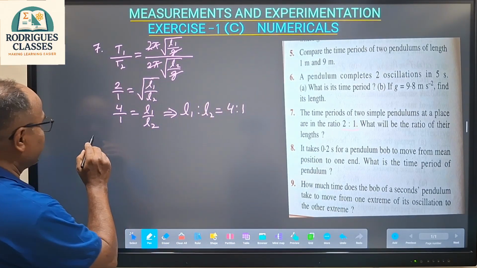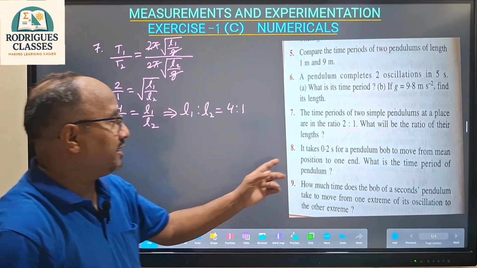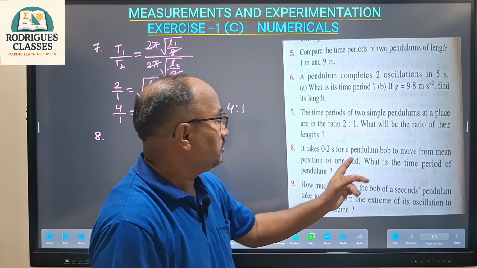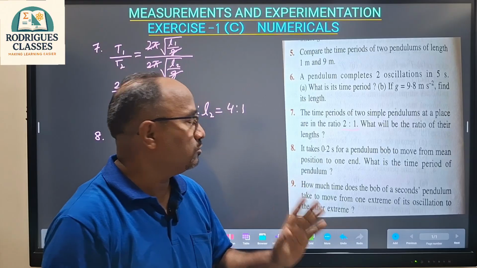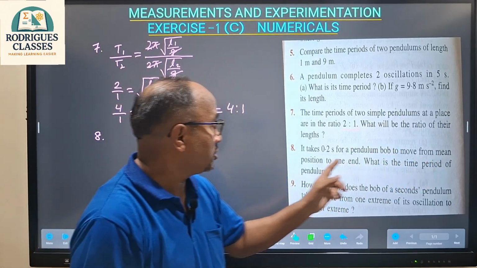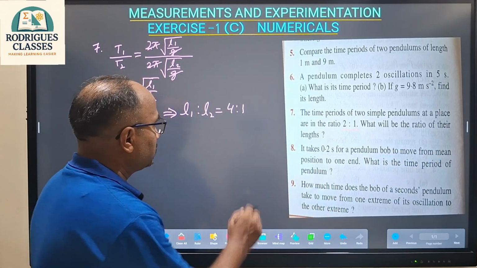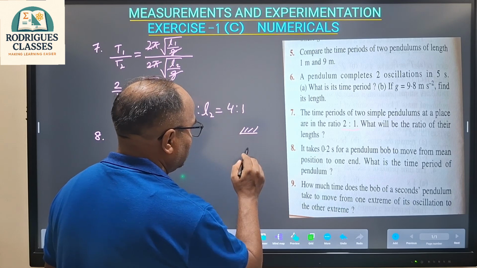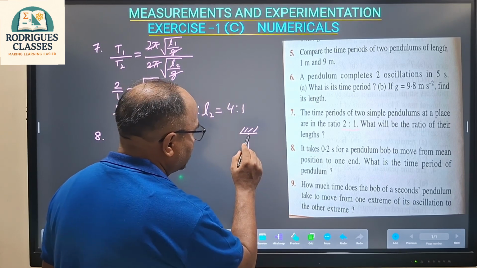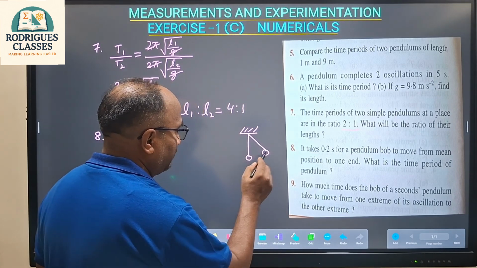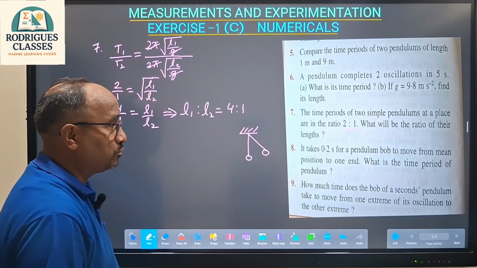Let us take a look at the 8th one. It takes 0.2 seconds for the bob of a pendulum to move from mean position to one end. Okay, so this is the mean position and this is the one end. So only from here to here it is taking 0.2 seconds.